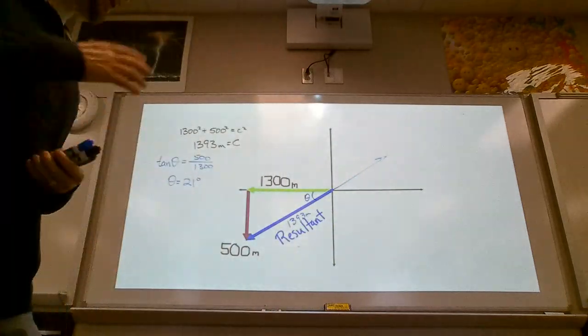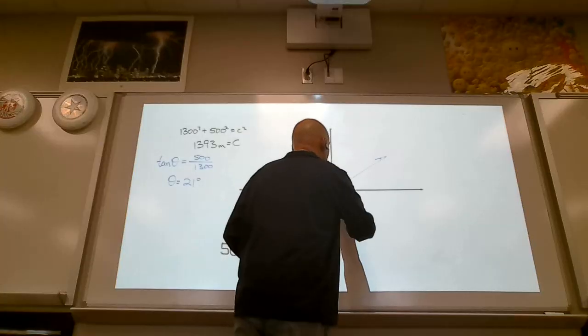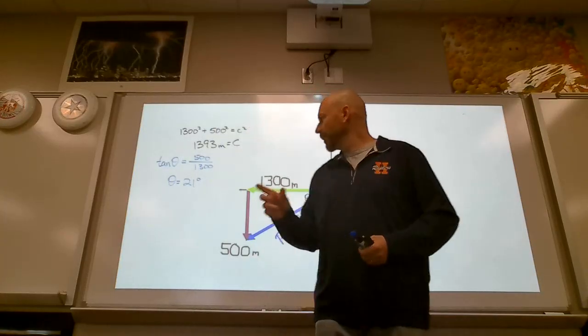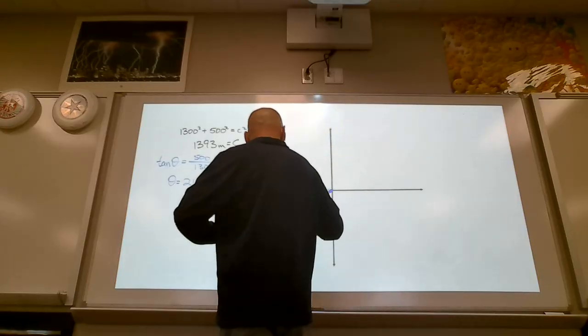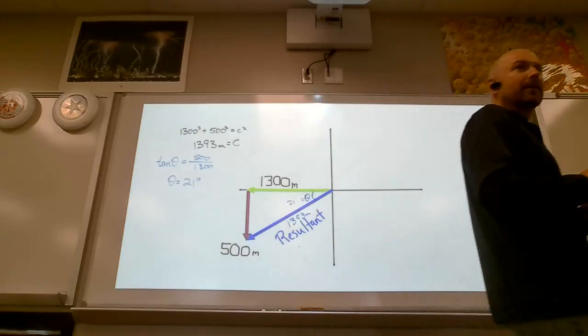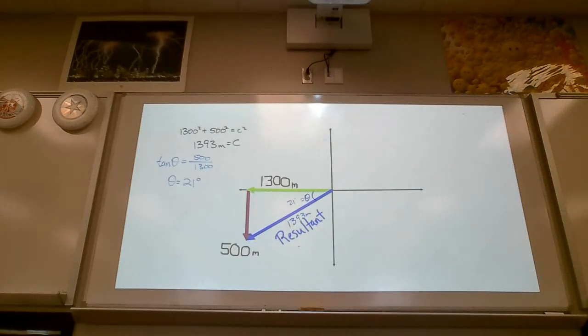How could I communicate that better? I got 21 degrees here. How could I communicate that better so it actually gets you to do that path, in that direction?